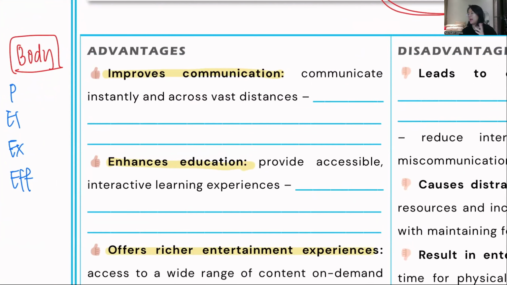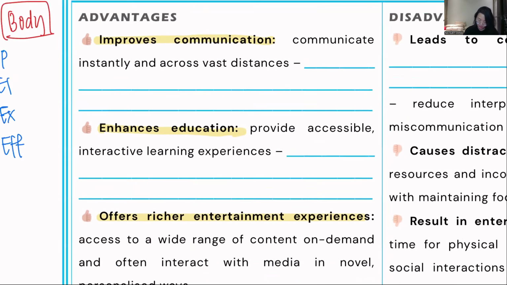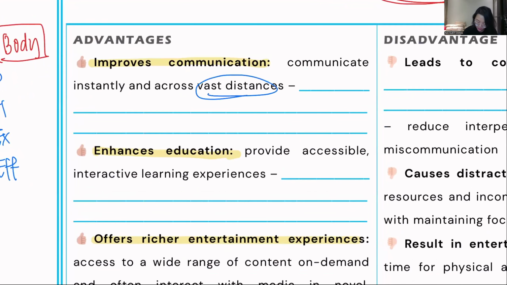Like in what sense? 告诉我。Hearing, we can chat with people all around the globe. Very good. Vast distances 的用意就是在讲着 you are no longer restricted geographically.